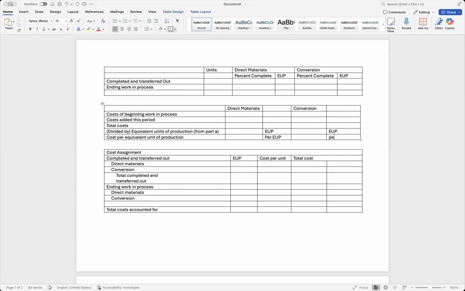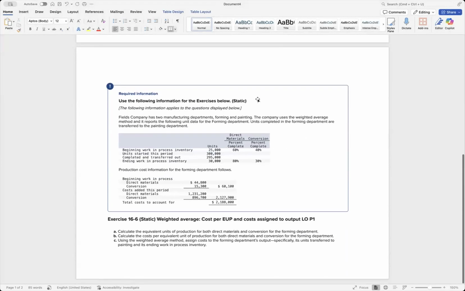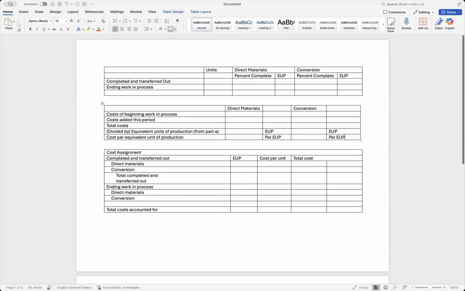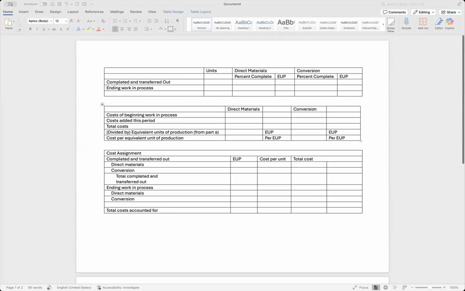This says per EUP. Now it looks similar. Sorry about that. Now let's get into the actual question, which is what you need to know. So the first part says, let's go again. It says, calculate the equivalent units of production for both direct materials and conversion for the Foreman department.